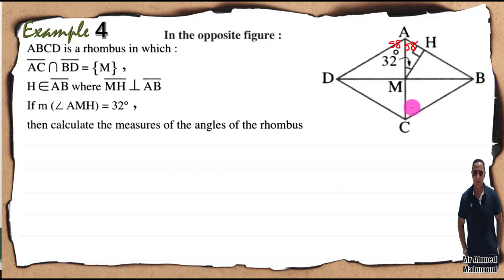So this angle C also equals 58, because the diagonal bisects its angles.